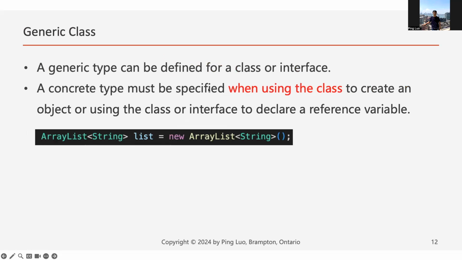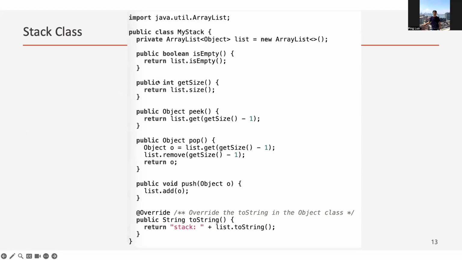A generic type can be defined for a class or an interface. We talked about stack last time, but we didn't talk about how we can implement a stack. This class is a common stack class. And usually we need these typical methods to define this class.